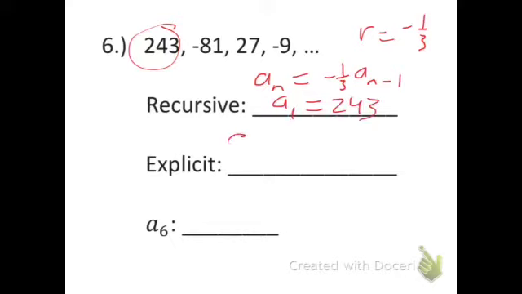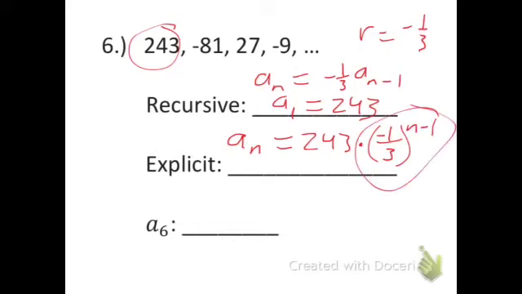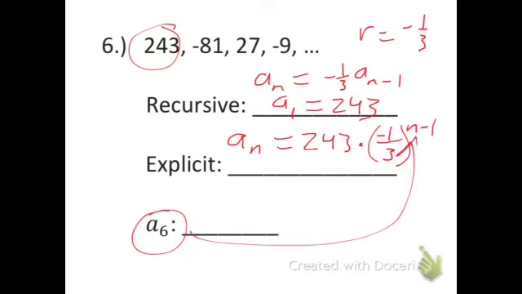I'm going to do the explicit one using sequence notation. You got to do 243 times negative 1/3 to the n minus 1 power. And make sure your common ratio has the power of n minus 1. Now you just need to take 6 and plug it in for n and go from there.